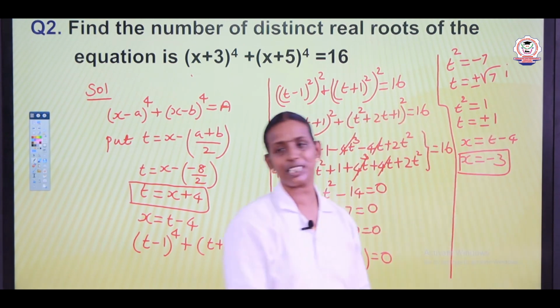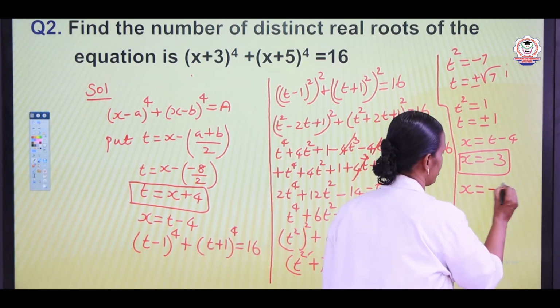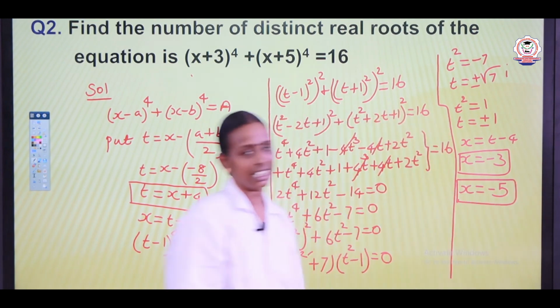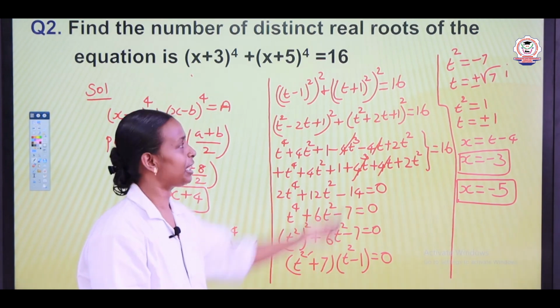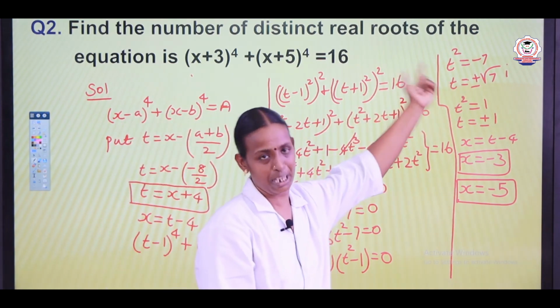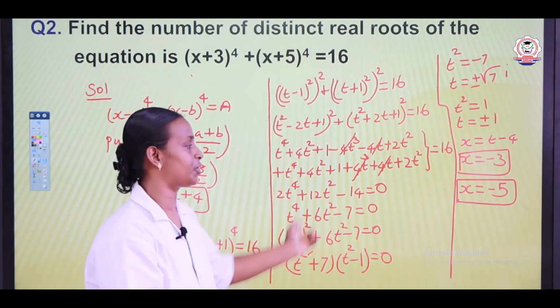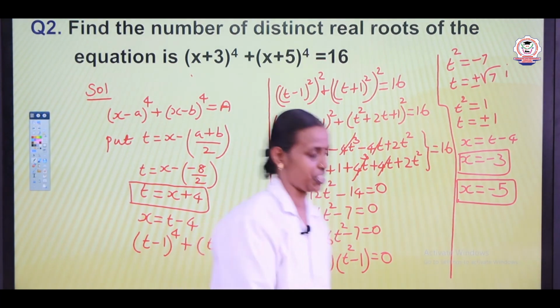Suppose your t value is minus 1 means your x value is minus 5. So these two are the real roots of the given equation, because we don't take the value t square equal to minus 7, which is imaginary. We have to find only the real roots of the equation. These two are the real roots of the equation.